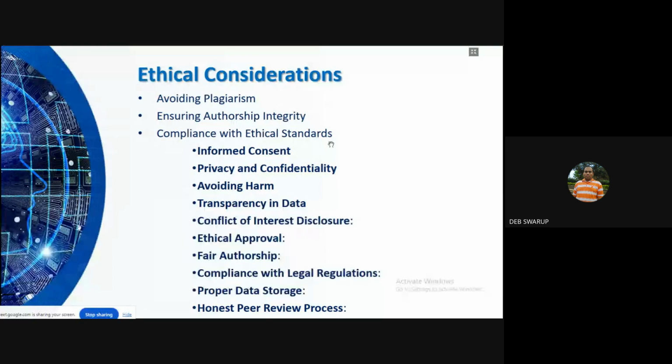Now, what is informed consent? Supposing that you want to cite a particular figure from a particular paper. Before utilizing the figure, you need to obtain consent from the author, a mail from him. You need to mail him, sir, I want to use this particular figure, can I use it?